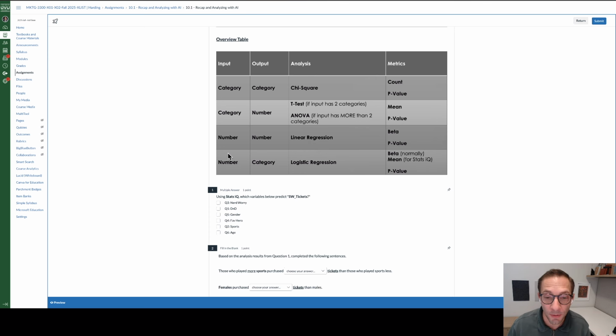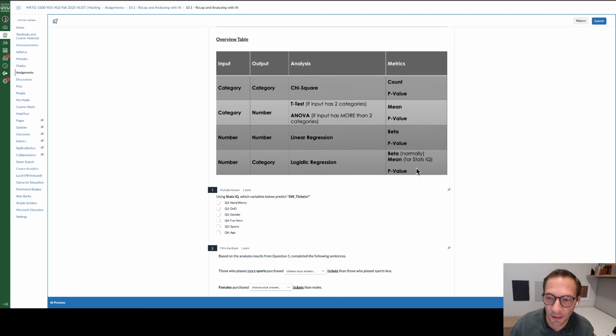But if your input is a number and your output is a category, really Stats IQ and oftentimes AI is going to kind of put these results as if it was a t-test or ANOVA. And so you'll be looking at it very much the same way. But really you want to know, okay, as my input gets higher, let's say that the more money I spend on a car, is it more likely to be a Ford or a Dodge?